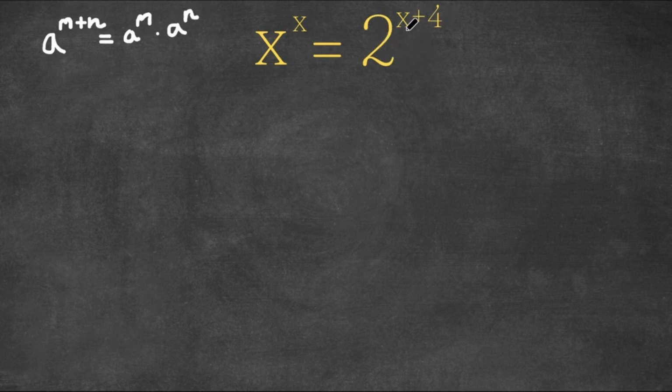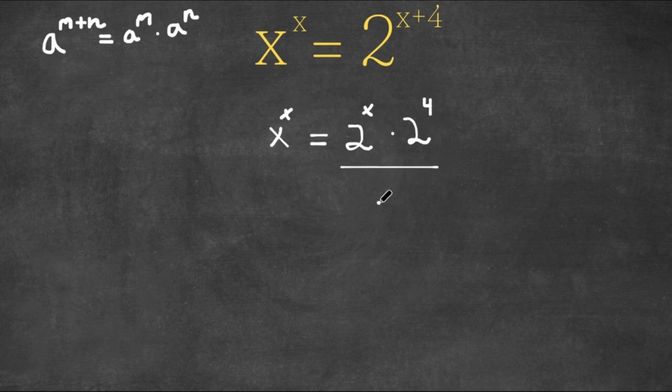Think of 2 as a, x as m, and 4 as n. So this we could rewrite as 2 to the power of x times 2 to the power of 4. So x to the power of x is equal to 2 to the power of x times 2 to the power of 4.